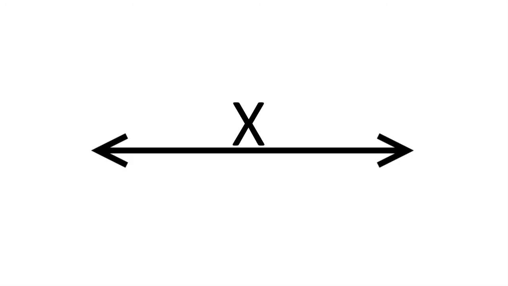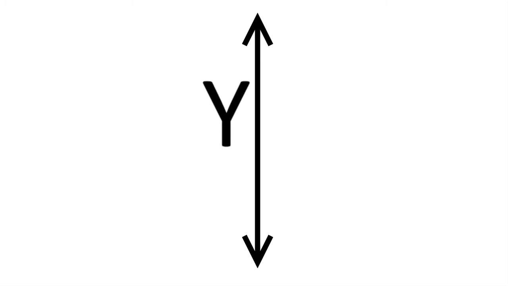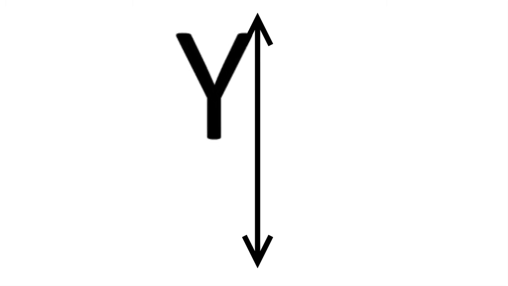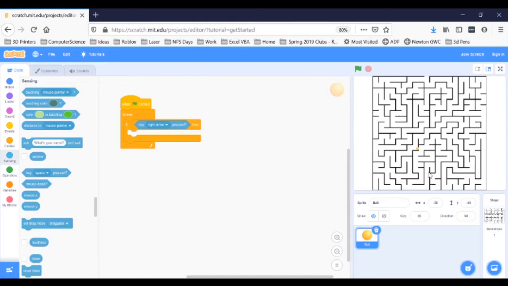Or, another way of thinking about it is, as x gets bigger, the object goes to the right. And as x gets smaller, the object goes to the left. As y gets larger, the object goes up, and as y gets smaller, the object goes down. Well, if we press the right arrow key, we want the object, our ball, to go right.